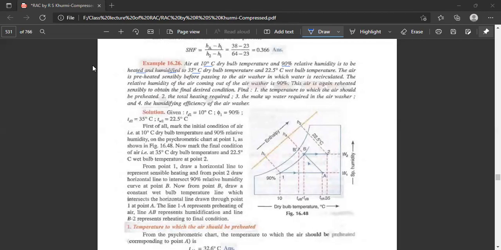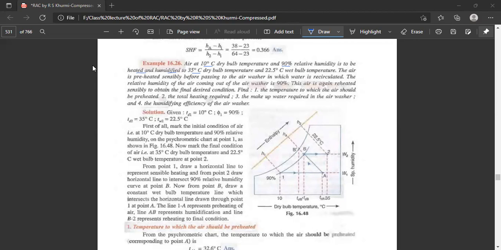This air is again reheated sensibly to obtain the final desired condition. So you are supposed to find the preheat temperature, the total heating required, the makeup water required, and the humidifying efficiency of the air washer.